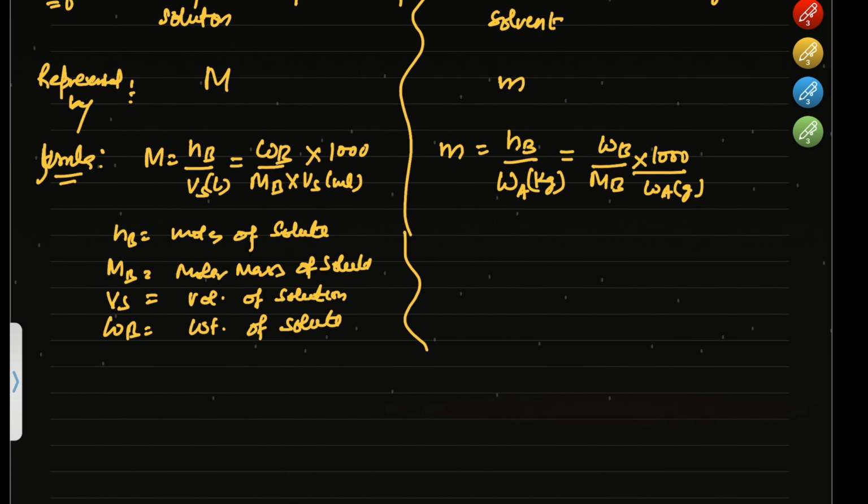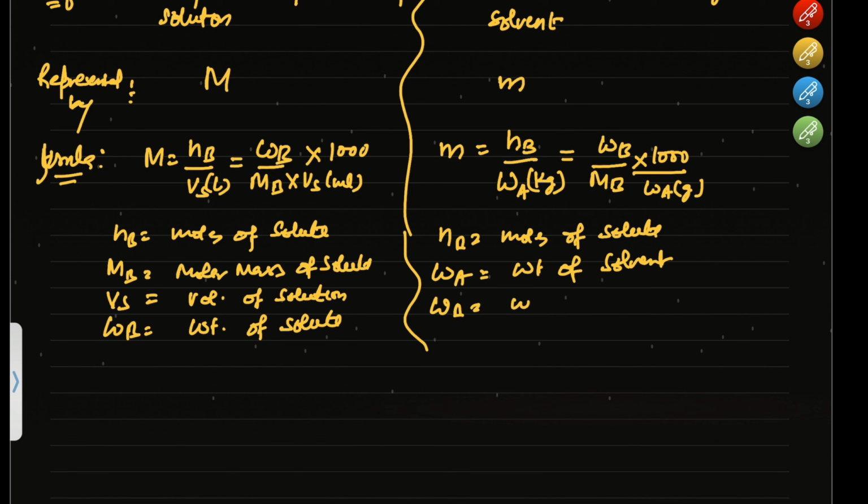Here also we can write the meaning of each symbol. nB is the moles of solute, WA is the weight of solvent, WB is the weight of solute, MB is molar mass of solute. Okay.